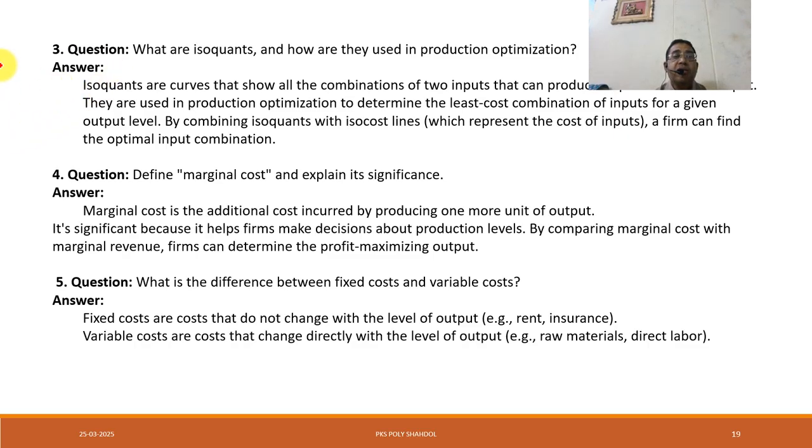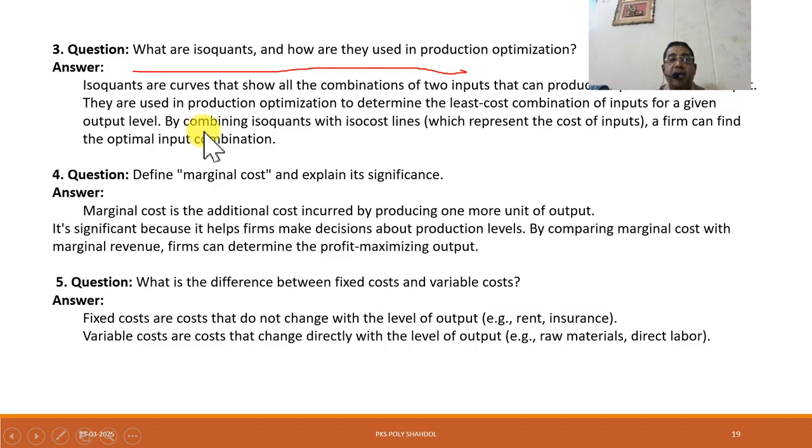Third question: what are isoquants and how are they used in production optimization? Isoquants are curves that show all the combinations of two inputs that can produce a specific level of output. They are used in production optimization to determine the least cost combination of inputs for a given output level.